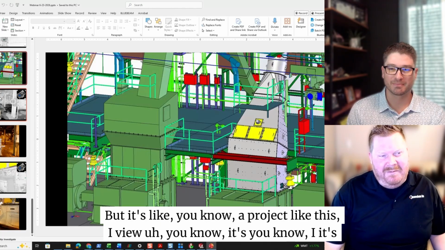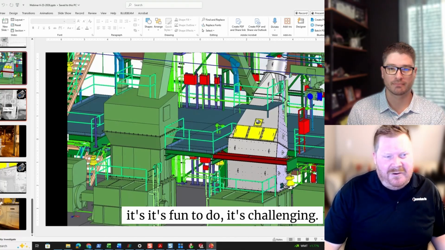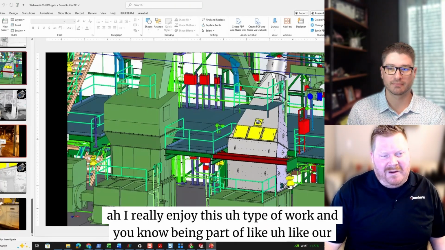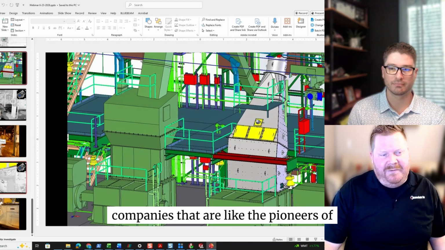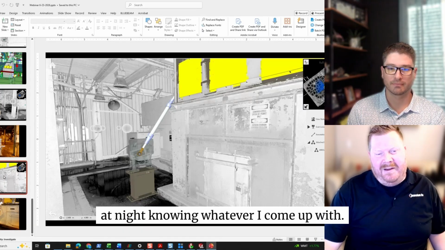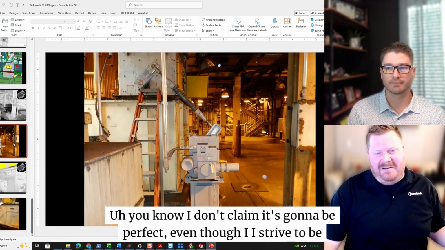But a project like this, I view it as fun to do. It's challenging. I really enjoy this type of work, and being part of companies that are the pioneers of laser scanning precision and accuracy, and then I can sleep very well at night knowing whatever I come up with, I don't claim it's going to be perfect, even though I strive to be perfect.